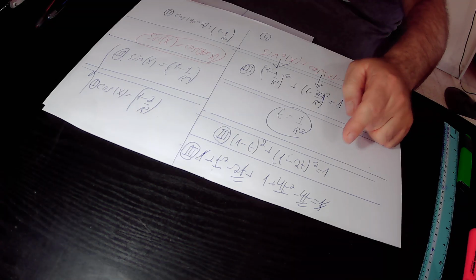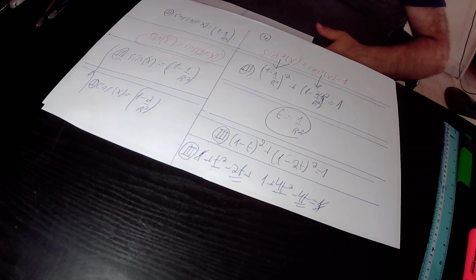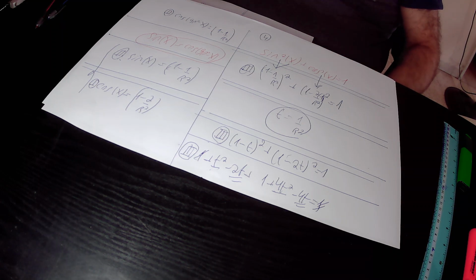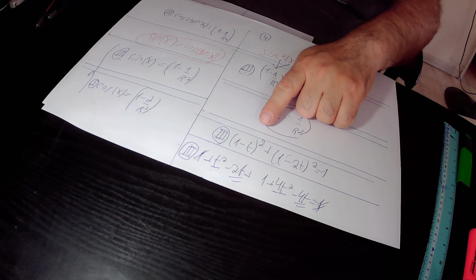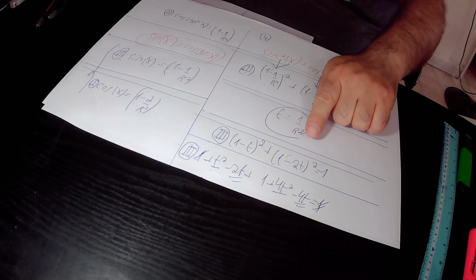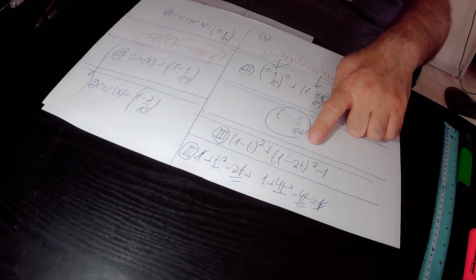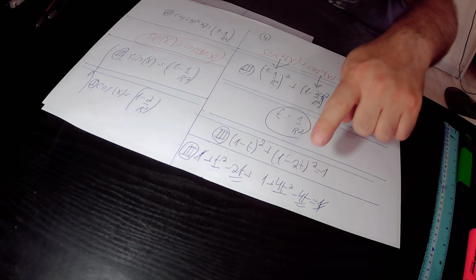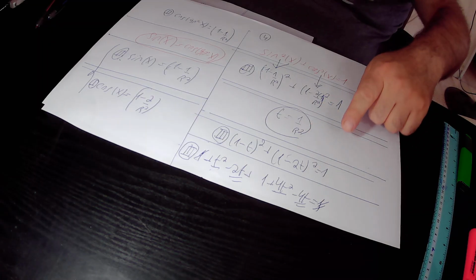Here we open the brackets on this side of equation 3, and we found that (1 minus t) squared equals 1 squared, that is 1, plus t squared minus 2t, and we also add (1 minus 2t) squared. (1 minus 2t) squared equals 1 squared, that is 1, plus 2t squared, 2t squared is 4t squared, and we also subtract 2 times 1 times 2t, that is minus 4t, and it equals 1.